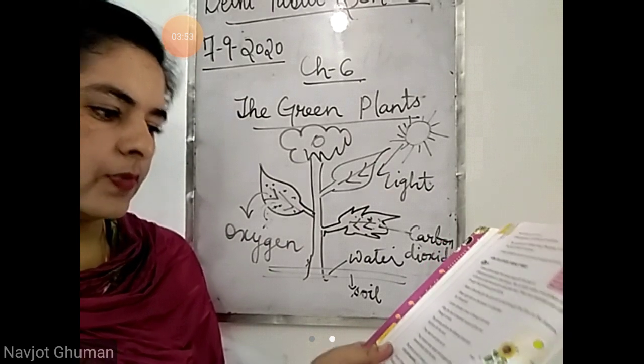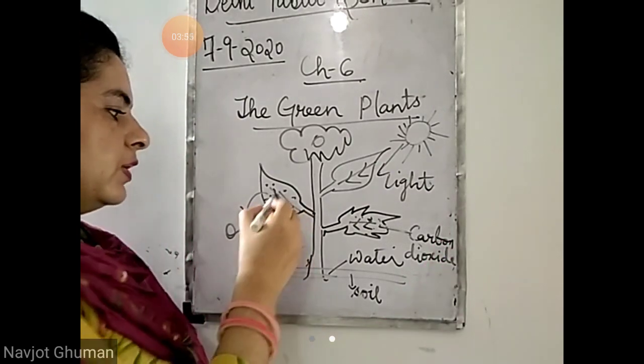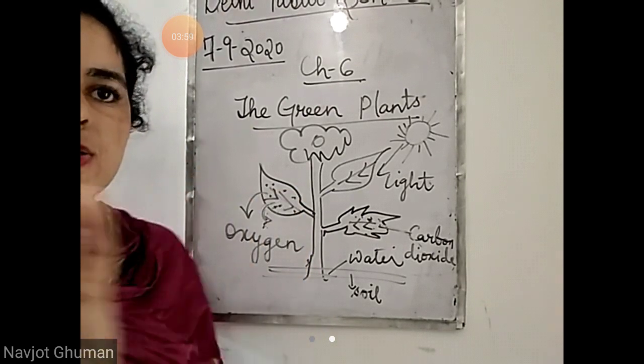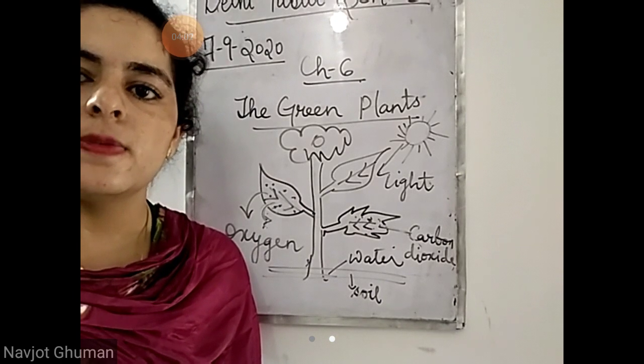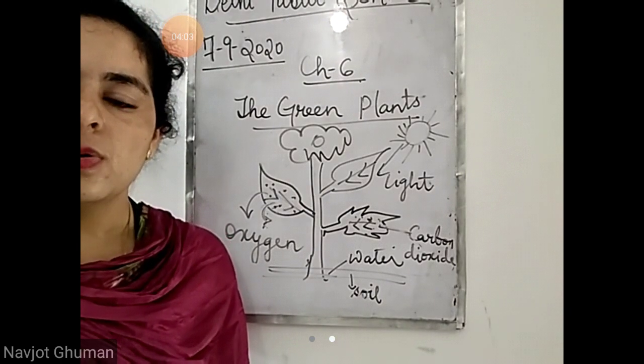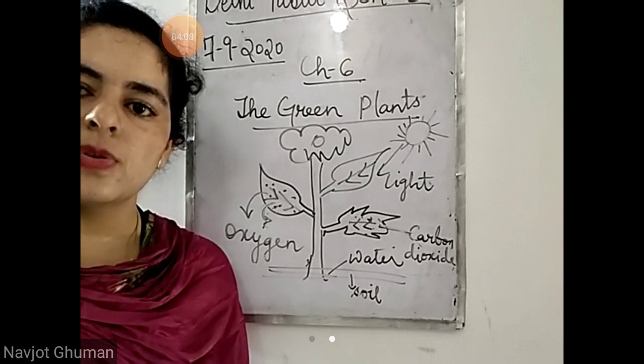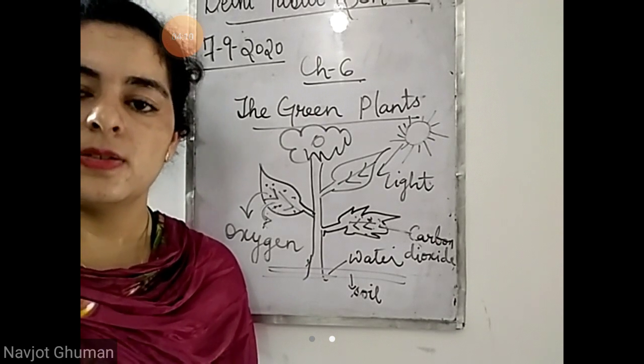So stomata also release water vapors. You must have seen small droplets of water on the leaves. Those are water vapors that are coming from the stomata.